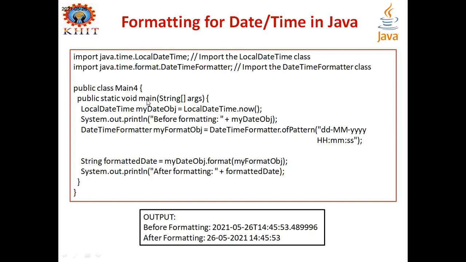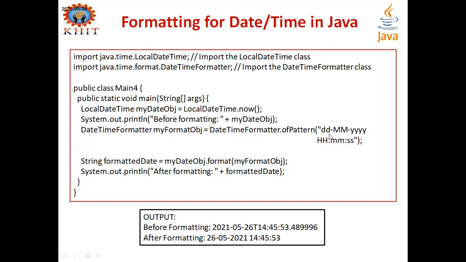Coming to the main method, create a LocalDateTime object for taking the current time by calling the now method and display that time before formatting the date. This one is simple. Then for the class we imported, DateTimeFormatter, create an object and use the ofPattern method to set your date and time in a particular format.